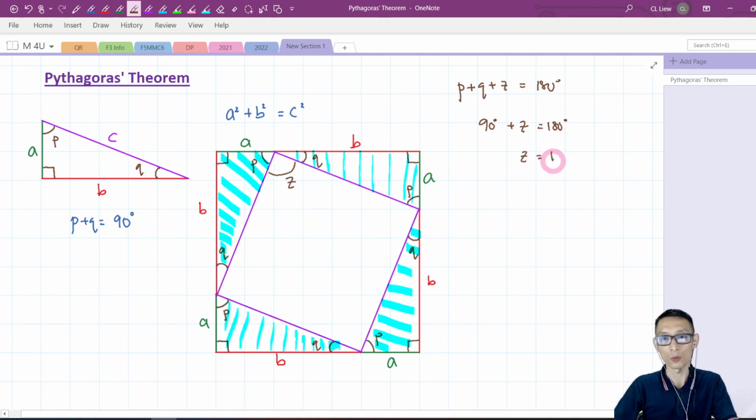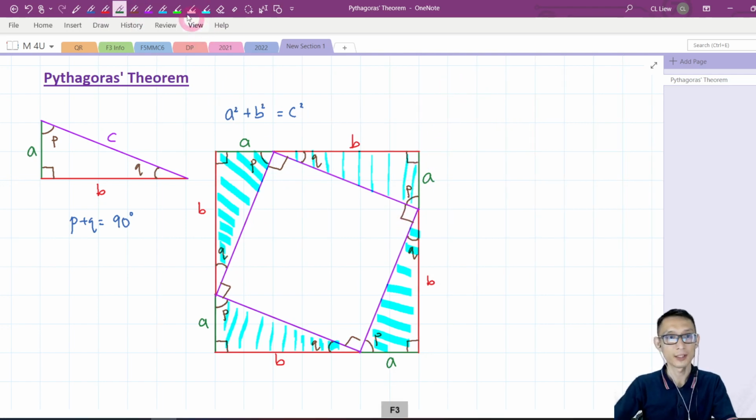Now Z is equal to 180 degrees minus 90 degrees, which is equal to 90 degrees. Therefore, we know that this is 90 degrees. The same thing applies for this angle and this angle. So from here, we know that this is actually a square, right?